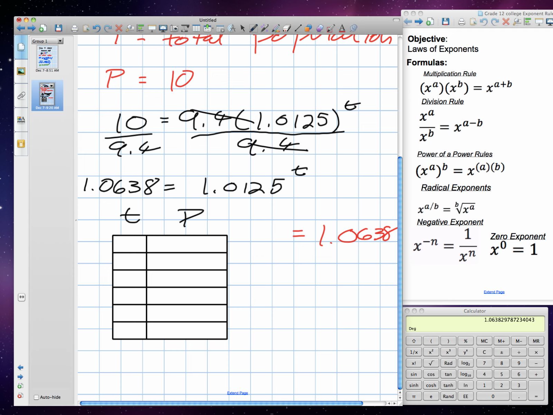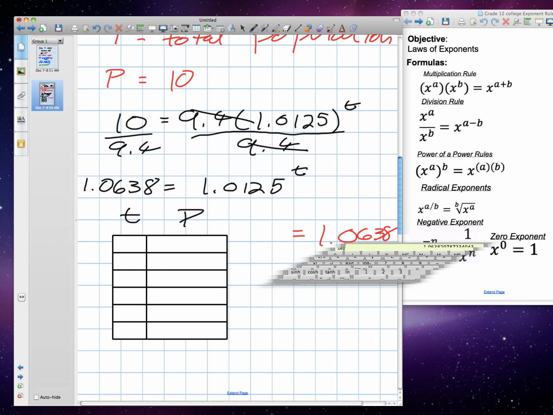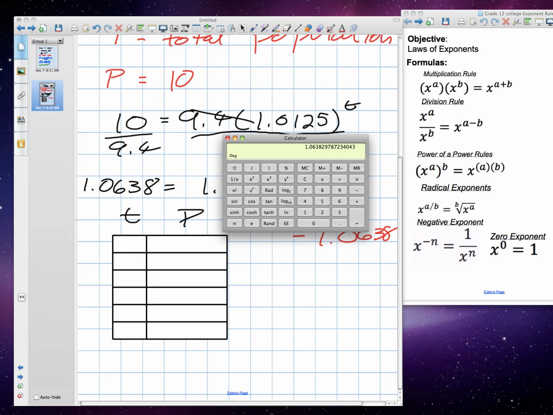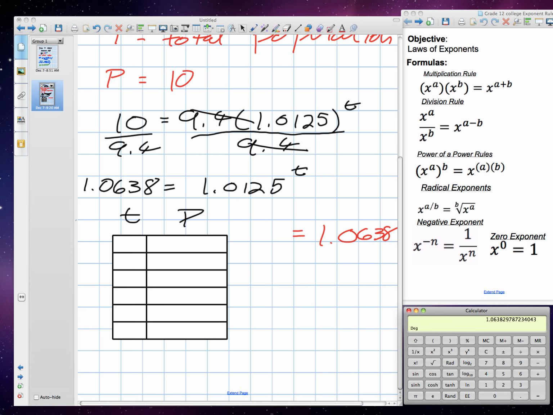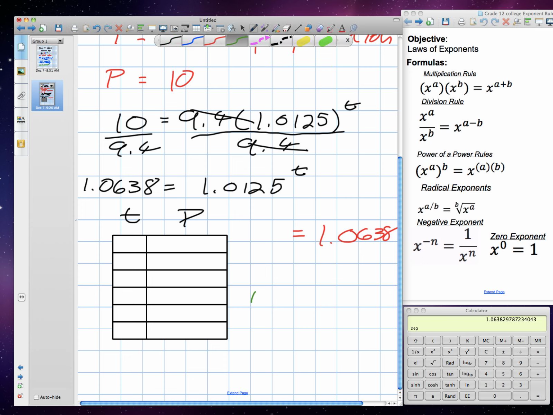So we have our calculator down here. Can I extend it? No, I cannot. Okay. We're going to be plugging these values in. So in our very first example, we'll do that in green. We have 1.0638 is equal to 1.0125, and I'm going to plug the number 1 in for t.